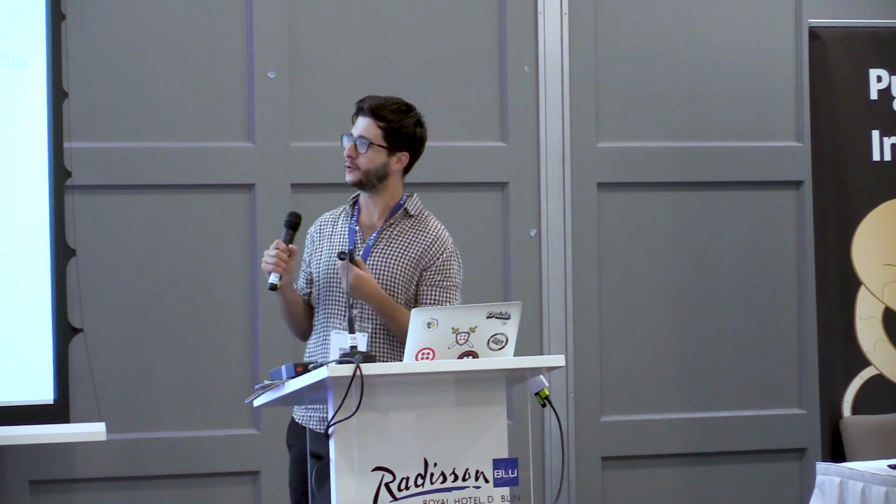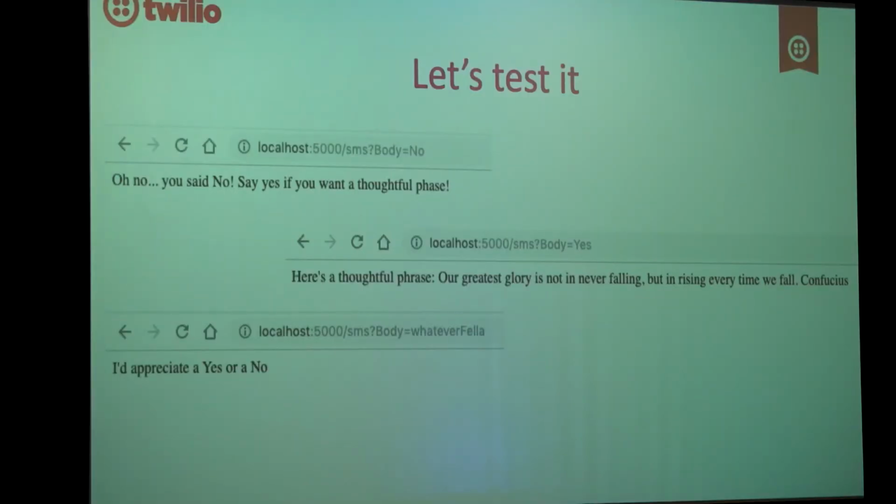So actually, we don't really need to have a Twilio account and a Twilio number just to play with this. We can do everything from the browser. If you run this app locally, and then you navigate to localhost 5000/SMS, and you pass the body parameter with no, you can also test the app. It's just the same as introducing the SMS in the Twilio console.